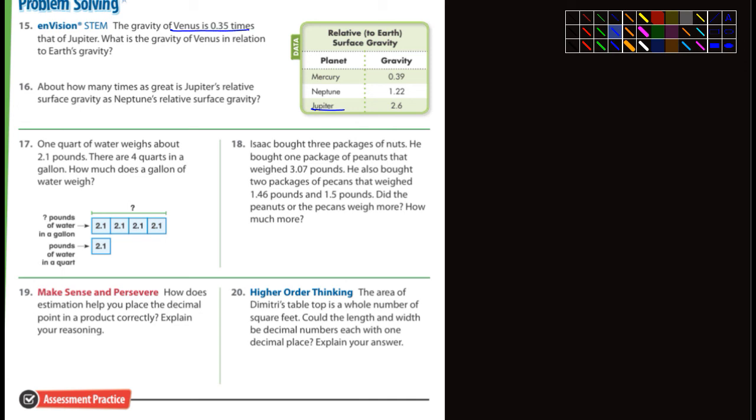And it says, what is the gravity of Venus in relation to Earth's gravity? Well, we don't know what Earth is, but it's all in relation to that. So the problem is simply this, 0.35 times 2.6. That's how you would solve that problem.